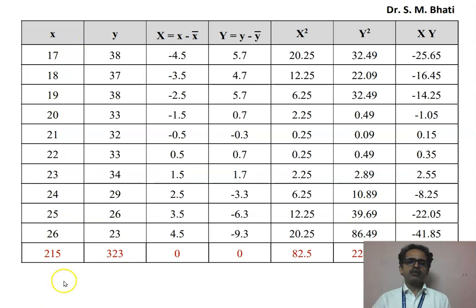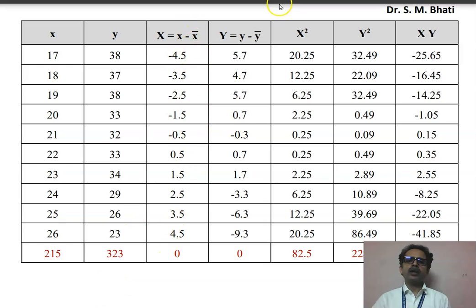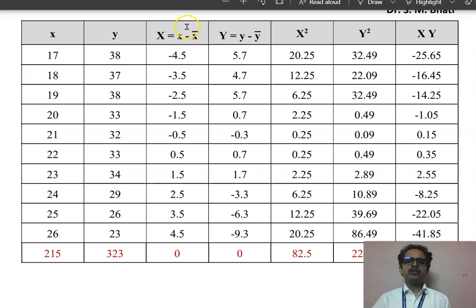And from x bar and y bar, we have to develop the third and fourth columns. The third column is for each x minus x bar, capital X. The fourth column is for capital Y, and capital Y is each y minus y bar. You will find these two column sums are always 0.